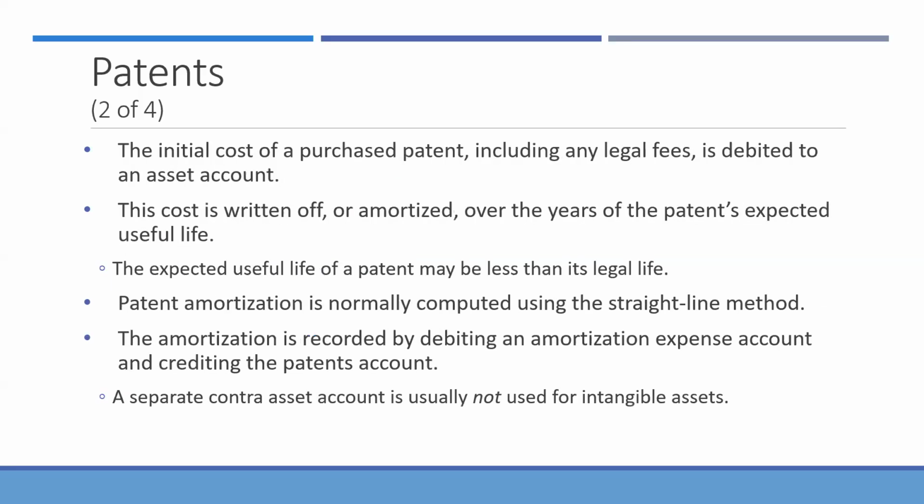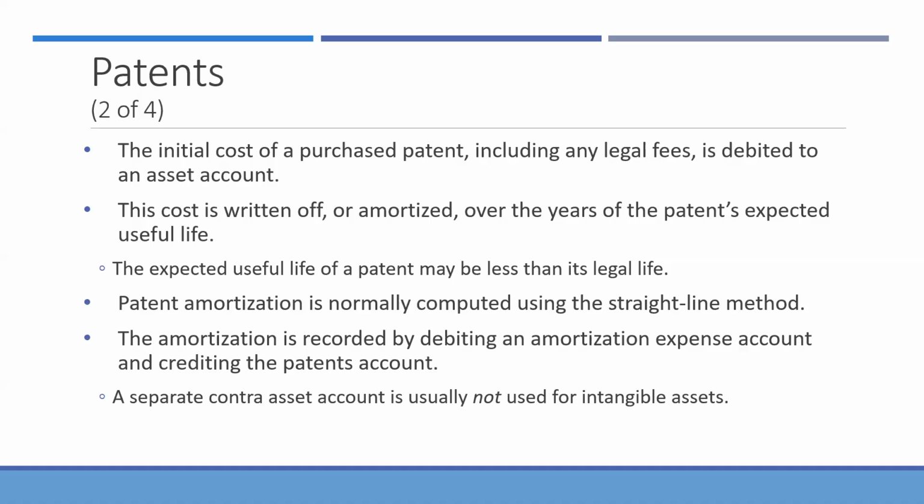The cost is written off or amortized over the expected useful life, which may be less than its legal life. If we have this fancy new drug that we have the patent for 20 years, but we're expecting technology to develop in such a way that some other drug that's different and doesn't infringe on our patent but treats the same symptoms is going to come out in 10 years, the useful life of our patent is likely only 10 years.